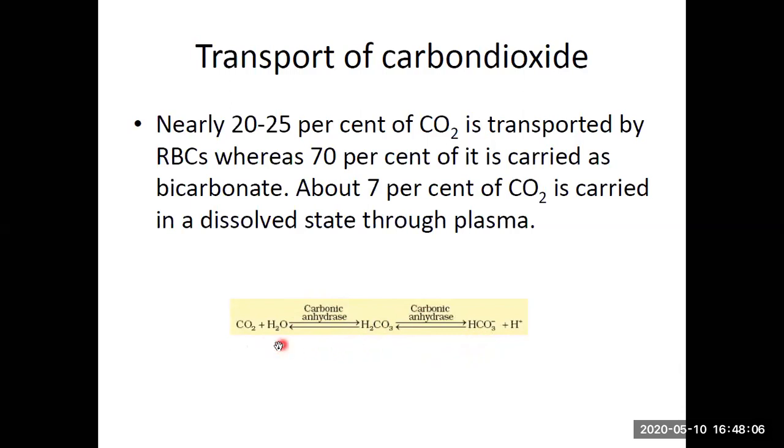At tissue level, PCO2 is high and PO2 is low, so it allows this reaction to form carbonic acid. But at the alveolar surface this is the reverse reaction. The bicarbonate ion and hydrogen ion form carbonic acid, and finally carbon dioxide and water, which is released outside the body.